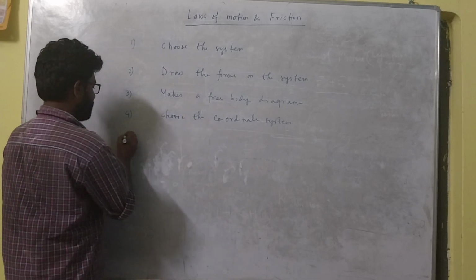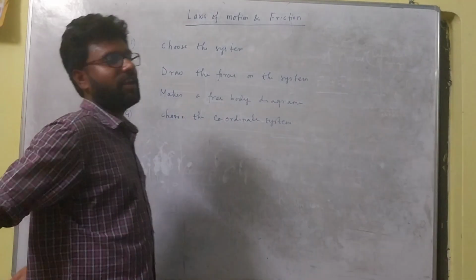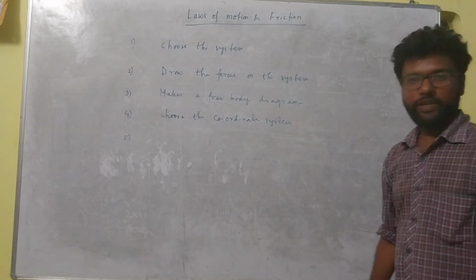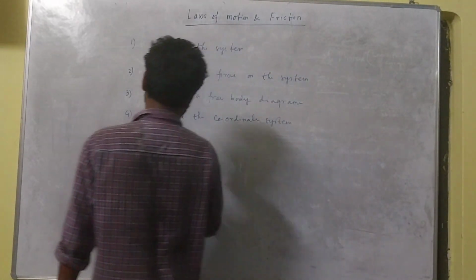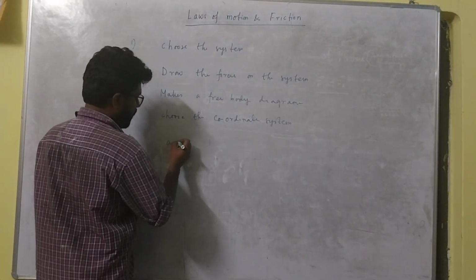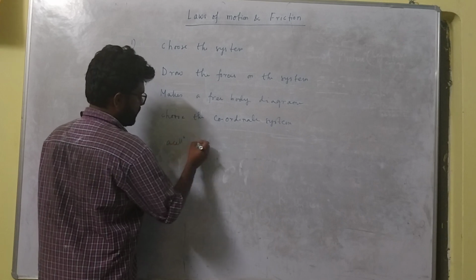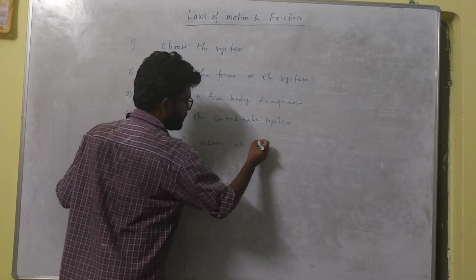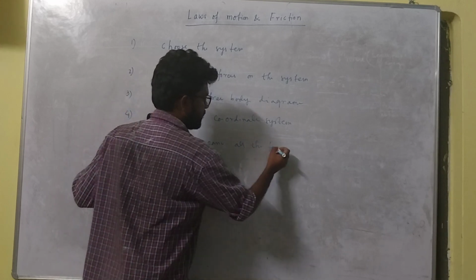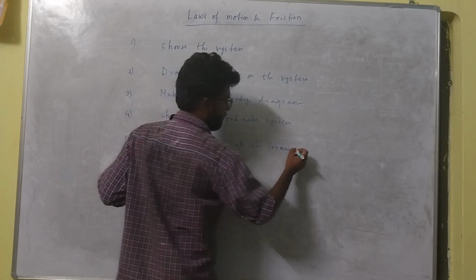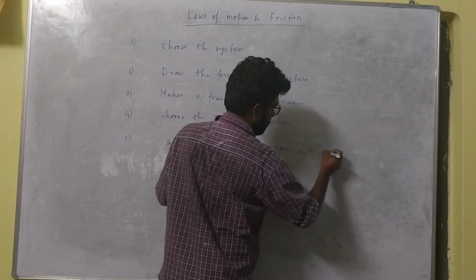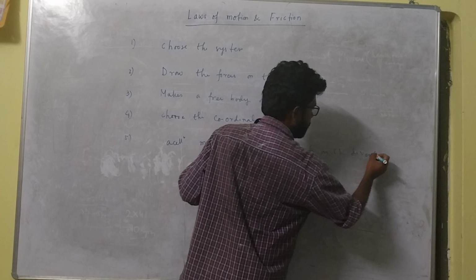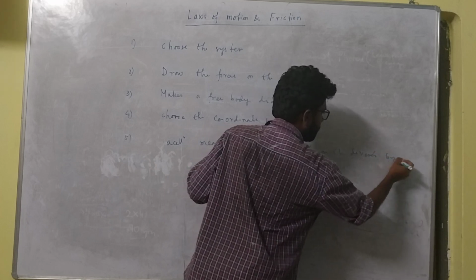And number 5, which I already explained, is that the acceleration equals all the forces acting on it divided by its mass.